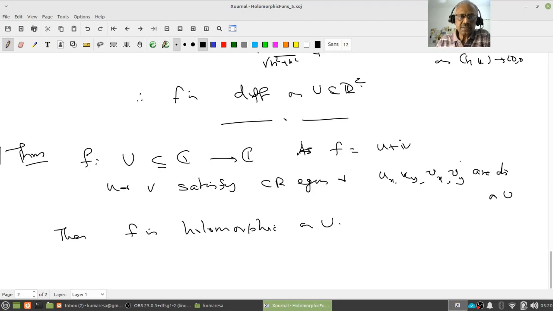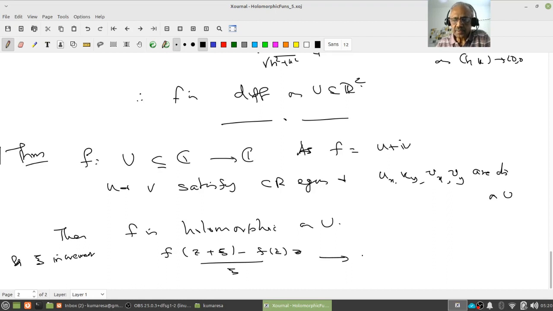First thing is, you have to prove this. Instead of h, let me use xi as the increment. Therefore I have to prove that (f of z plus xi minus f of z) by xi goes to some limit, right?